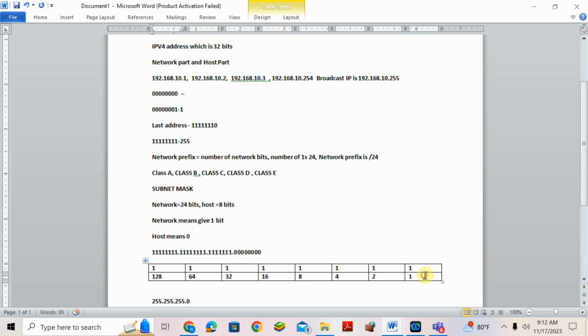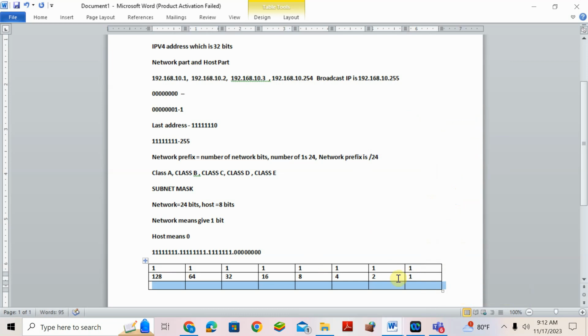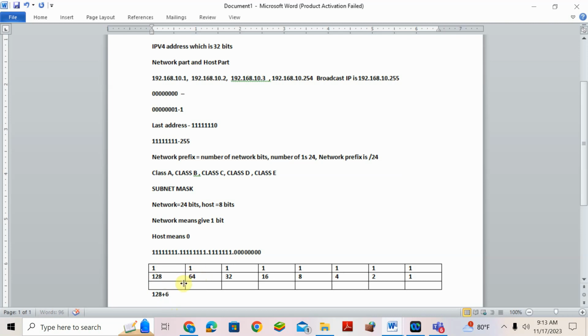Now what you have to do is multiply these positions: 1 into 1, 1 plus, we'll start from here, 128 into 1, 128, plus 64 into 1, 64, plus 32 into 1, 32, plus 16 into 1.